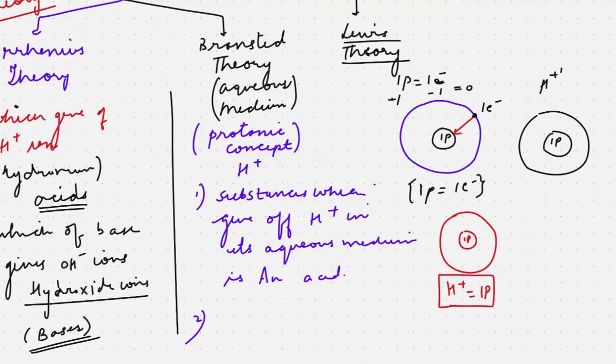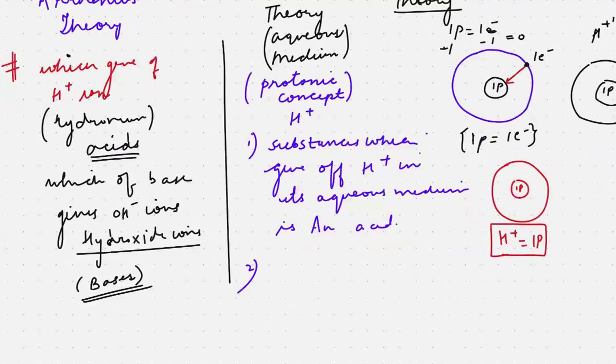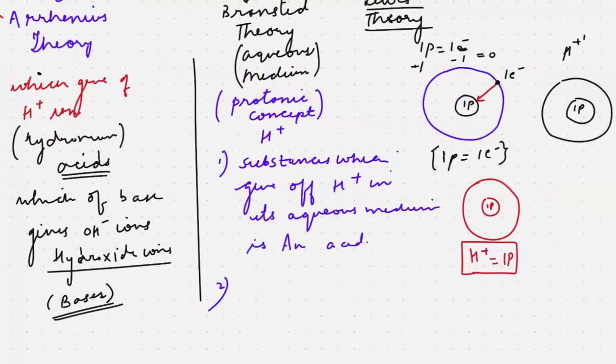So that is why, in the Bronsted concept, even though it is an aqueous medium, it is actually a protonic concept. It deals with only H plus. The substances which give off H plus ions in aqueous medium are called acids.